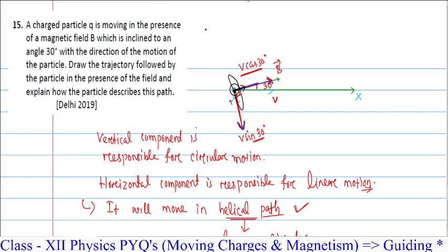How do we show that helical path? Now let me draw it once again. It will move in circular motion, and helical motion is like this. Let me draw the path first. The motion will be something like this.